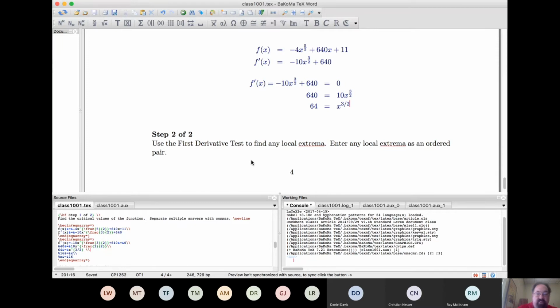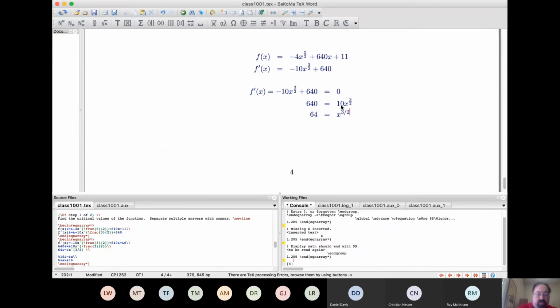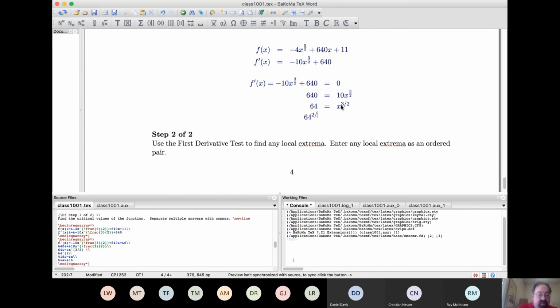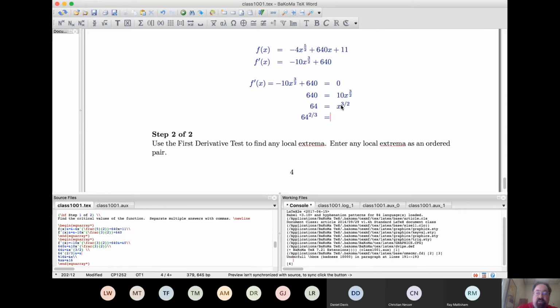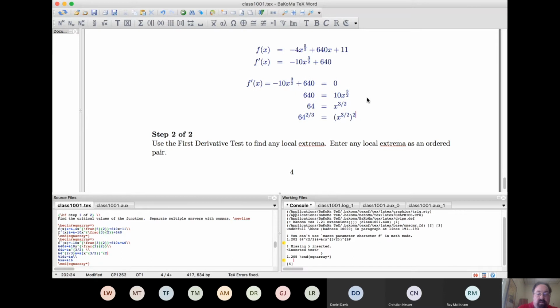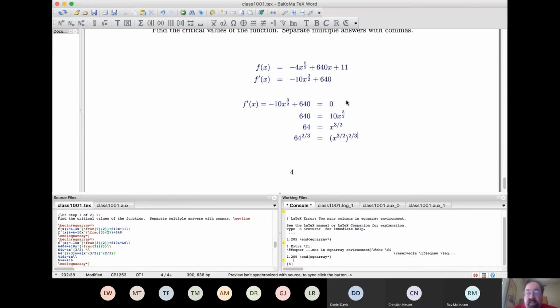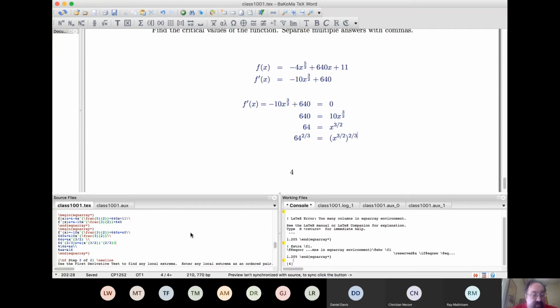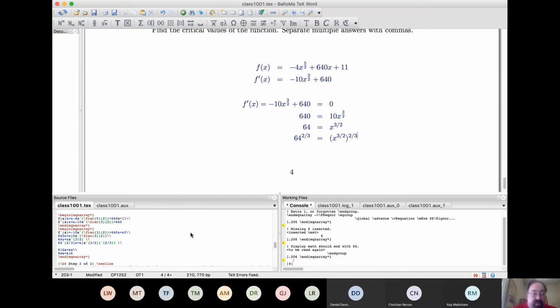So how you would do that is if you raise both sides to the 2/3 power, so when you have x to a power, but you raise that to a power, you multiply the exponents. So then you have 64 to the 2/3.